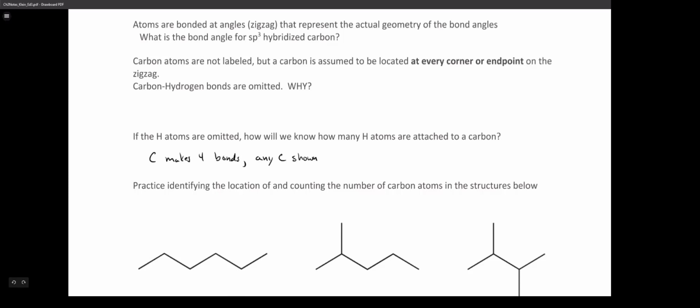So any carbon shown with less than 4 bonds must have enough hydrogens bonded to it to reach a total of 4.